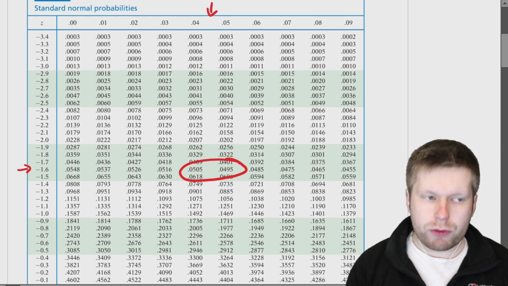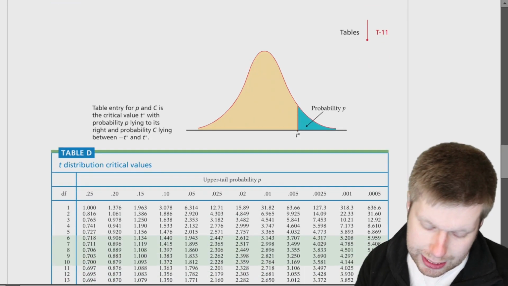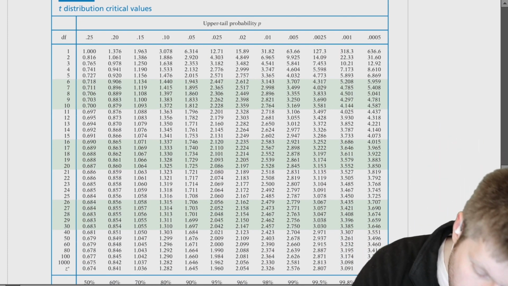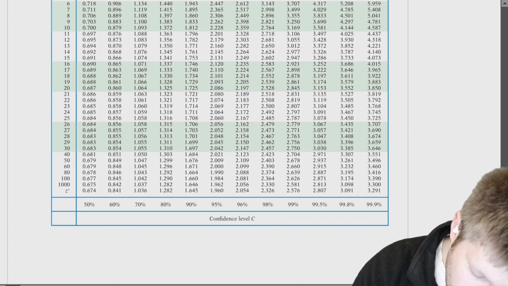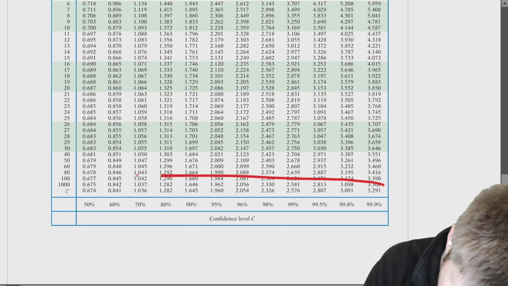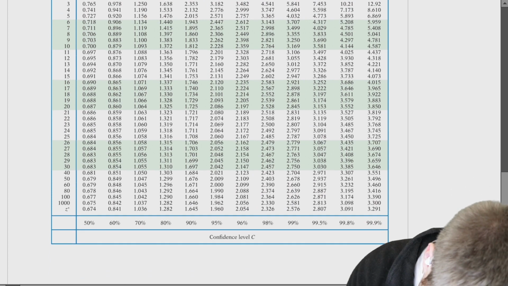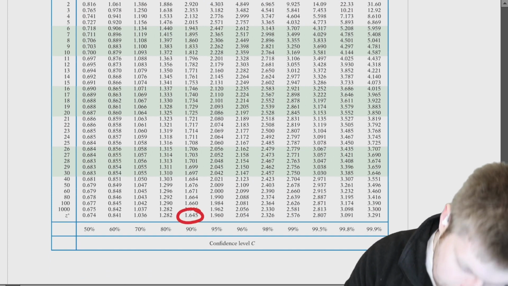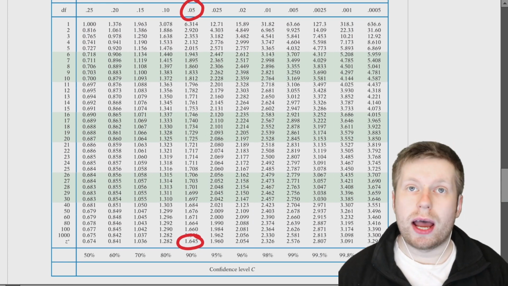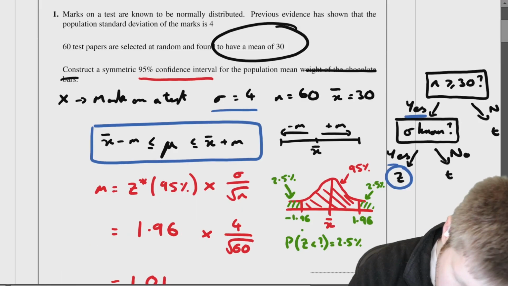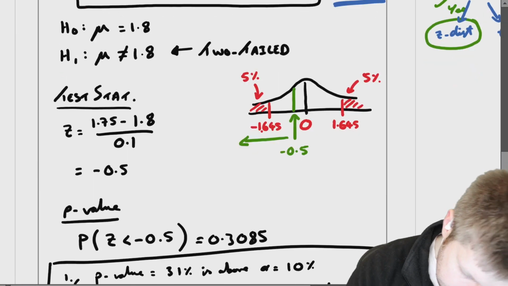But of course, if you're happy, you could have also used the t-distribution table, which may be slightly quicker. So remember, I'm looking for a tail probability of 5%. If I use the last row in my table, that will give me my z value. So I'm looking for this column here, so that's going to be 1.645.